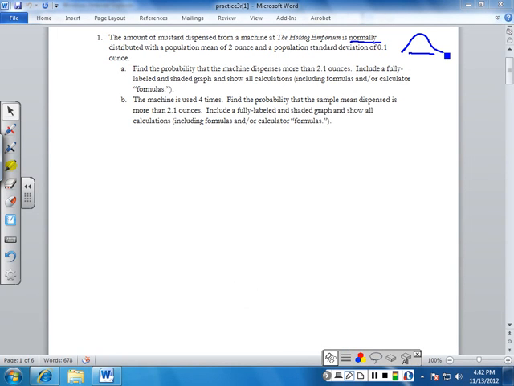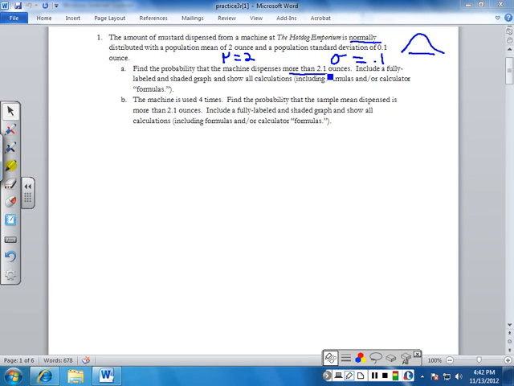And it says we have a population mean of 2 and a population standard deviation of 0.1. So in part A, it just says find the probability that a machine dispenses more than 2.1.